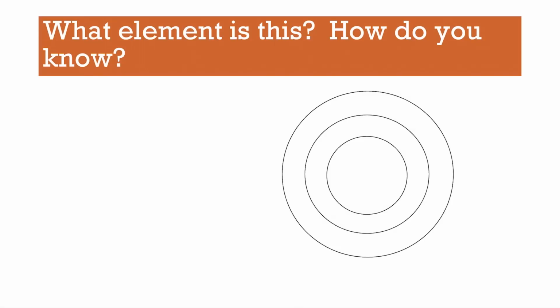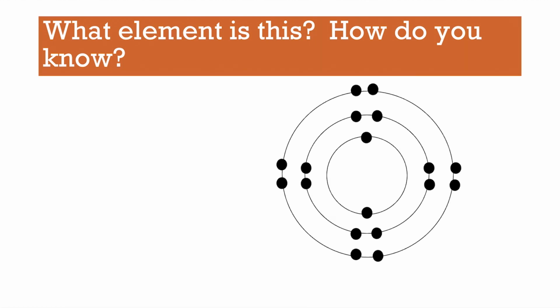Okay, so question for you. What element is this? Let me go back a second. I want you to notice how the electrons are being placed. By themselves, then with the buddy. By themselves, then with the buddy. So, what element is this?